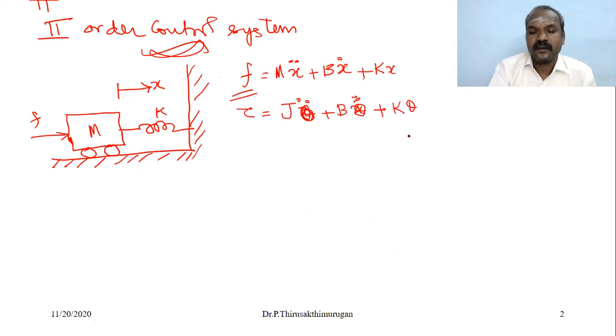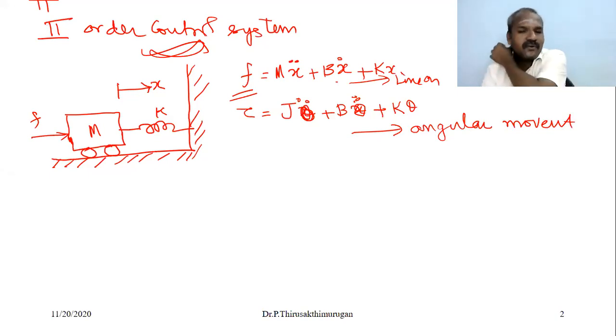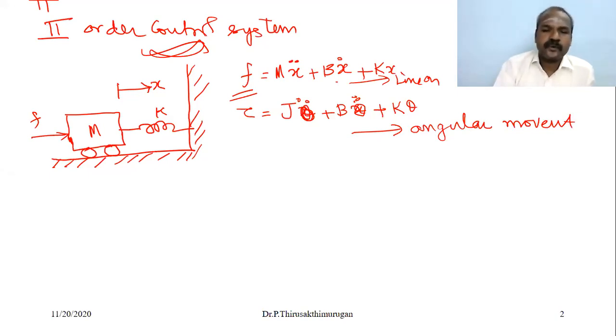This is for angular displacement, angular motion, angular joint movement, and the earlier equation is for linear motion. Right? So what we are going to propose is to generate a control law.